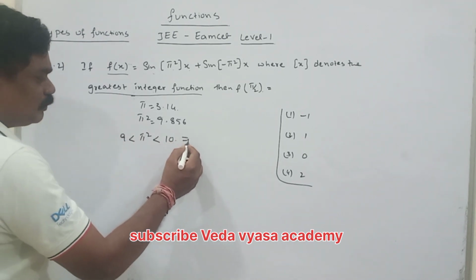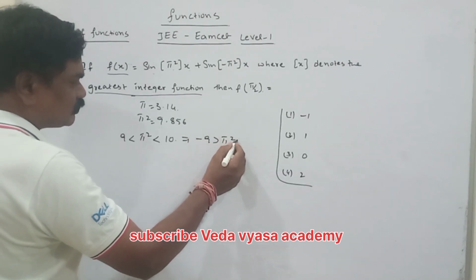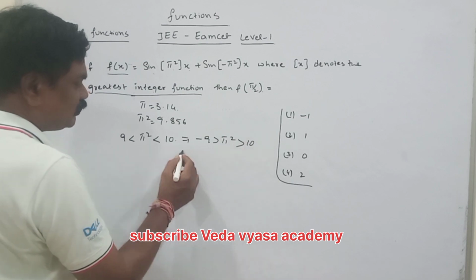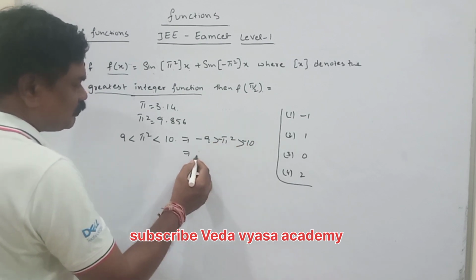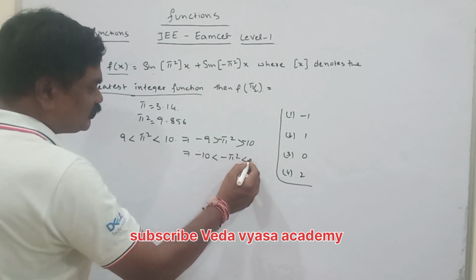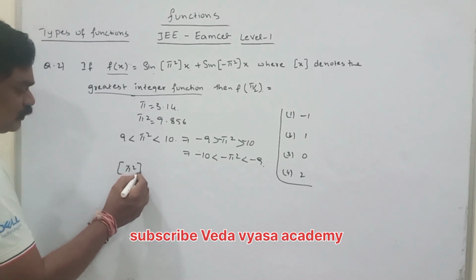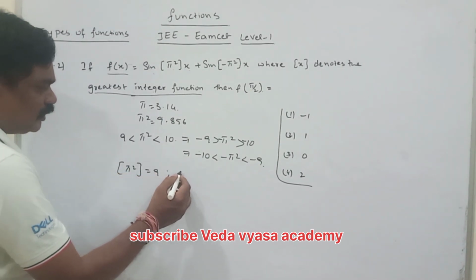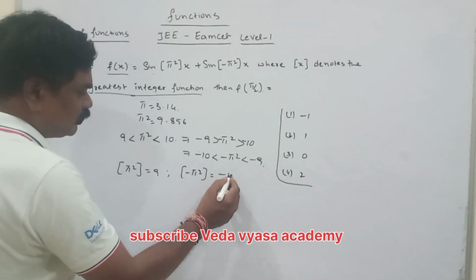Similarly, this implies minus 9 greater than minus pi square greater than minus 10. So this can be written as minus 10 less than minus pi square less than minus 9. So step pi square is equal to 9 and step of minus pi square is equal to minus 10.